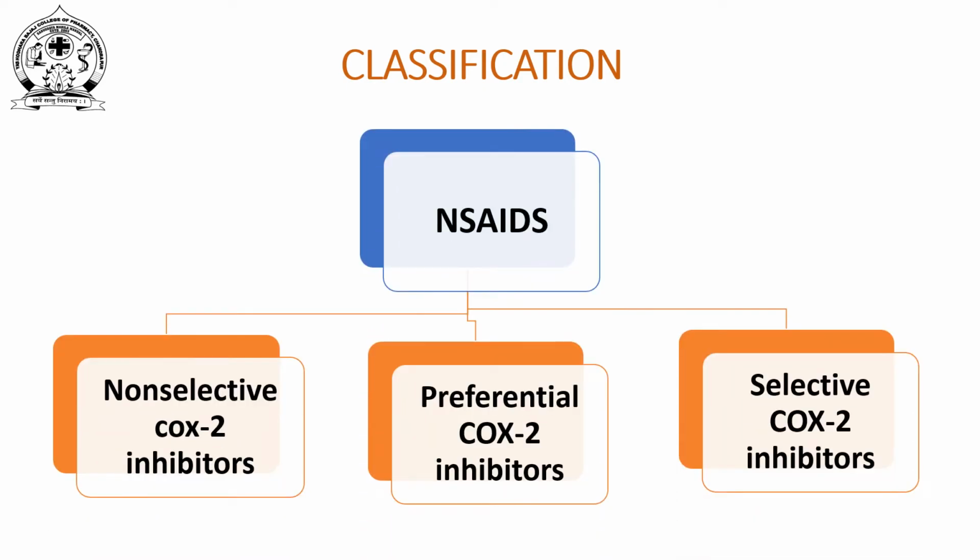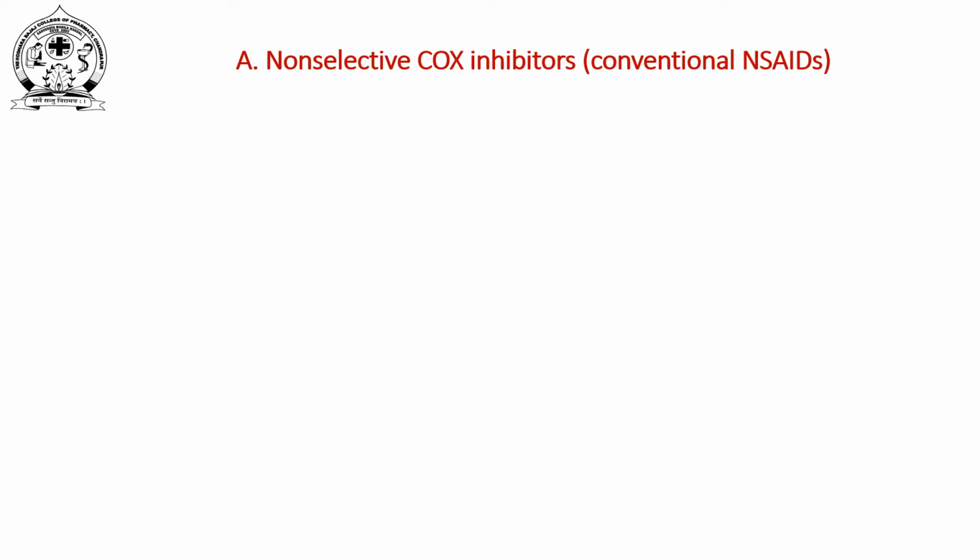Coming to the classification of NSAIDs. NSAIDs are classified into three categories: non-selective COX inhibitors, preferential COX-2 inhibitors as the second class, and selective COX-2 inhibitors as the third class. The first class, non-selective COX inhibitors, are also called conventional NSAIDs.